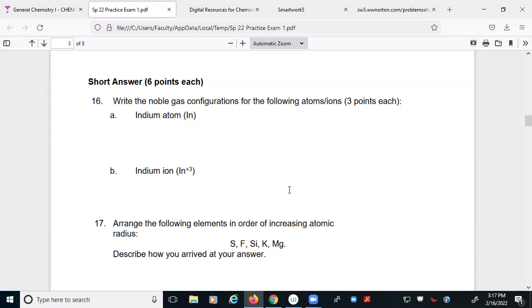Now for indium here, going backwards, we'd be looking at krypton, 5s2, 4d10, 5p1.